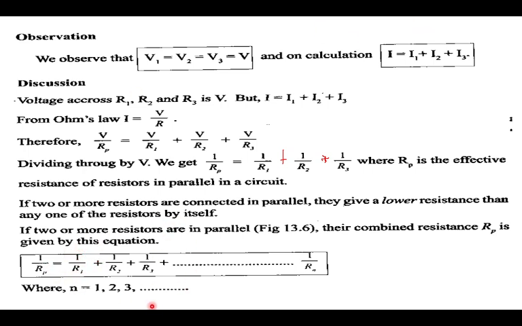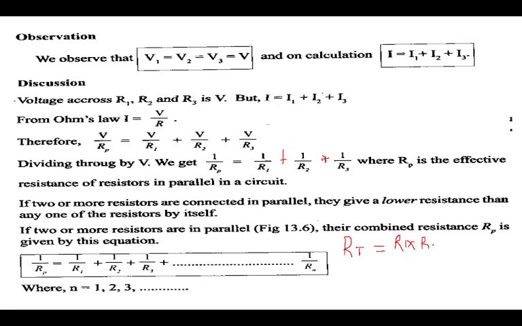In case you are given two resistors in parallel, you may not have to use this equation. There's a shortcut. It's simply R total is equal to the product over the sum. So in this case, it will be R1 multiplied by R2 divided by the sum of these resistors.